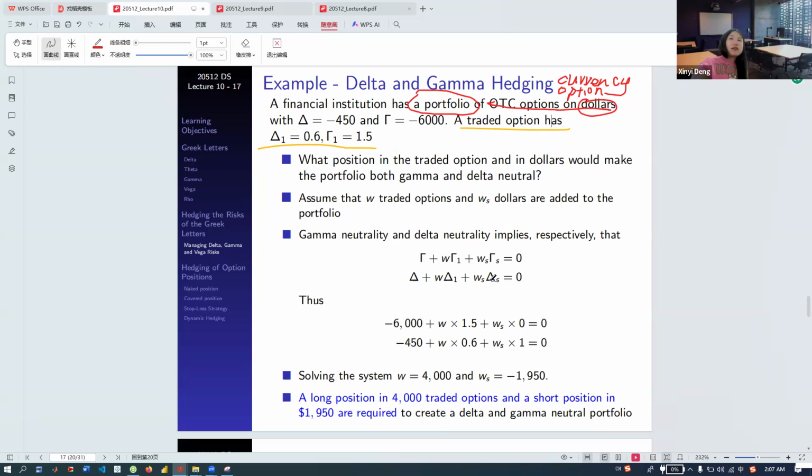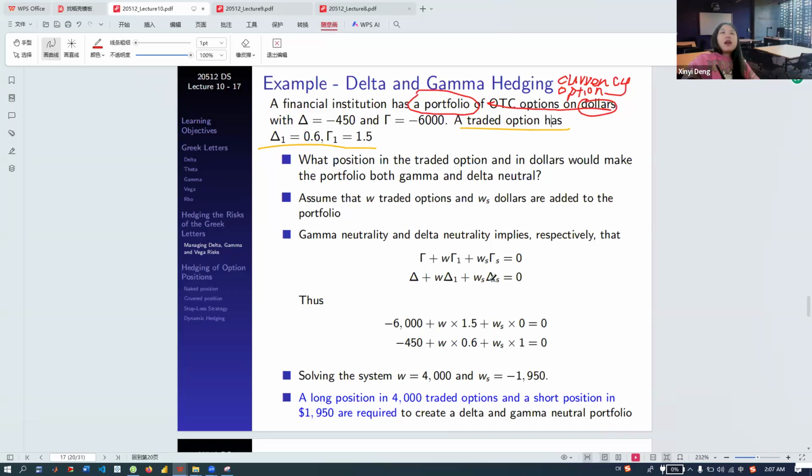So that's the whole reason why you need two financial instruments: you have two equations to solve.